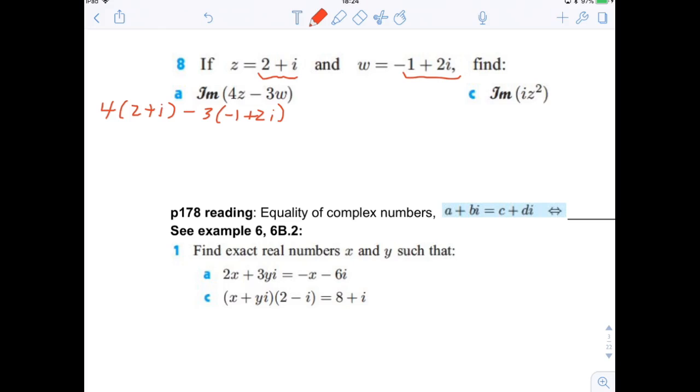We're going to find the imaginary part of that later. So let's distribute the 4. 4 times 2 is 8 plus 4i. Negative 3 times negative 1 is plus 3. Negative 3 times 2i is negative 6i. 8 plus 3 is 11. 4 minus 6 is negative 2i.